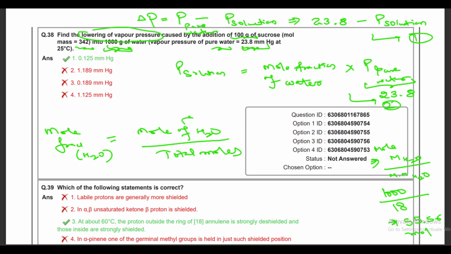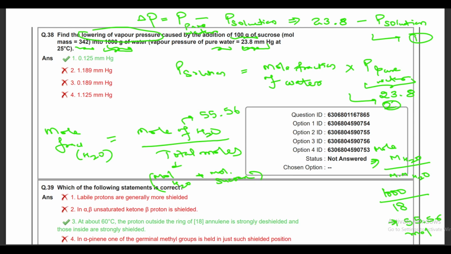So this is the mole of water, 55.56. In the numerator you have the value 55.56. Clear? Now you have to find the total moles, meaning moles of water plus moles of sucrose in the denominator. You know the moles of water, which is 55.56, but to find the moles of sucrose, you have to divide its mass by its molar mass.